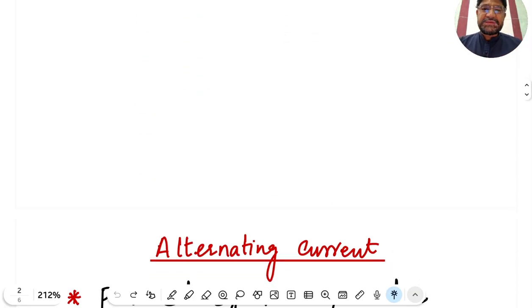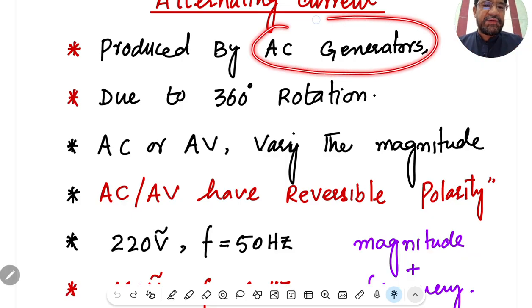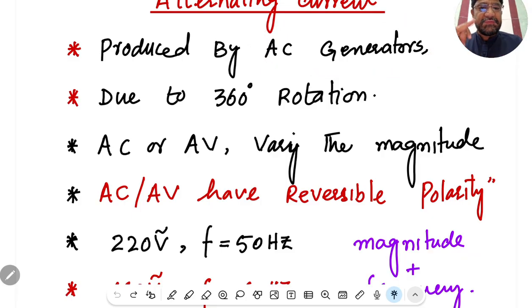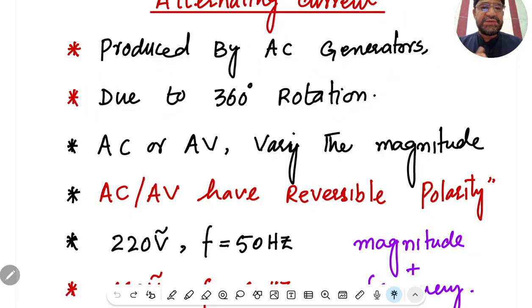Right after this, I am going to switch to alternating current. There are some simple properties of alternating current to notice. First, it is produced by an alternating generator. Second, that alternating generator has a rotation of 360 degrees.